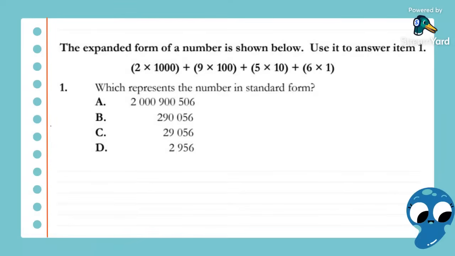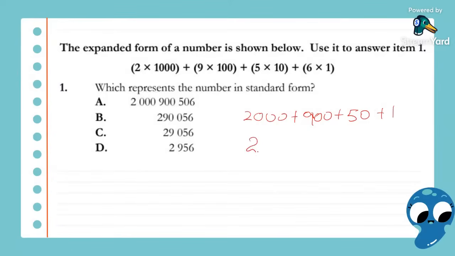So let's think about it. 2 times 1,000, that will be equal to 2,000, plus 9 times 100, that will be equal to 900, plus 5 times 10, that will be equal to 50. Help me out in the chat. Plus 6 times 1, that would be equal to 6. 2,000 plus 900 plus 50 plus 6.